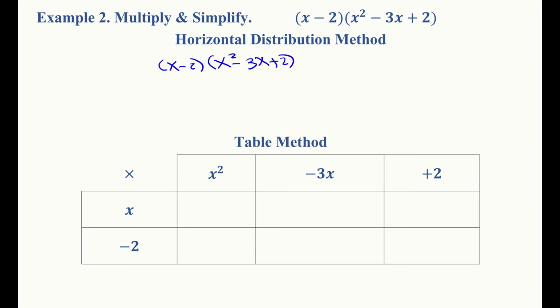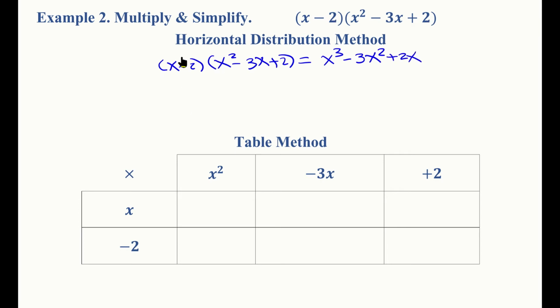So we're going to distribute the x into this group first. So we have x times x squared, so that gives us x cubed. x times negative 3x, that's positive times negative, so it's negative 3x squared. And then x times positive 2 will give us plus 2x.